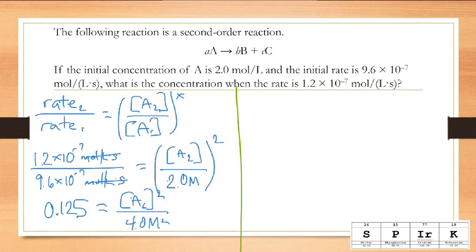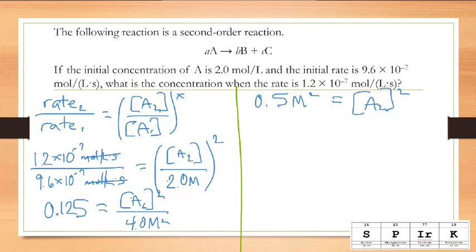So as we go through, we're going to multiply this through to the other side. So 4 times 0.125 is 0.5 molar squared, because remember we had to square the 2 and the unit, so it is molar squared. And that is equal to the concentration of A2 squared.